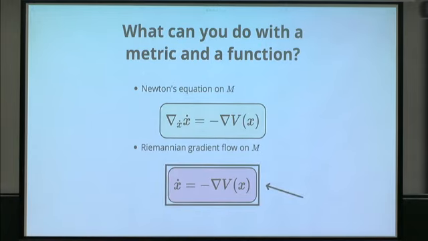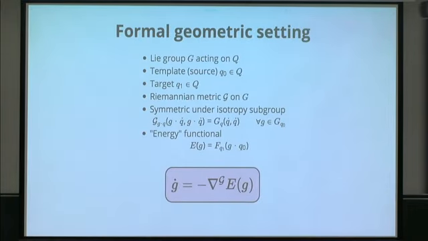Okay, so the formal setting is this. We have a Lie group, which is acting on some manifold Q. For now, I make no assumptions on this action. But let me just say that in this talk, I will assume that everything is nice and everything is smooth and so on. There's no analysis. And then you have a template element, Q naught, in this manifold Q, template or source.